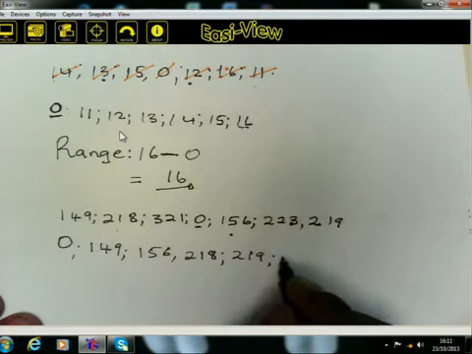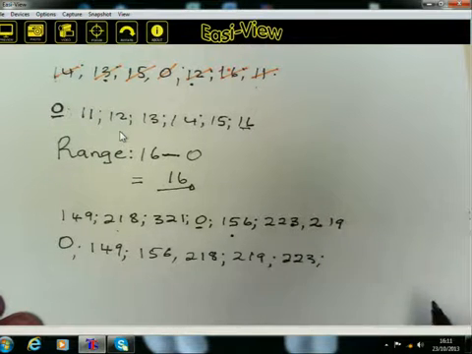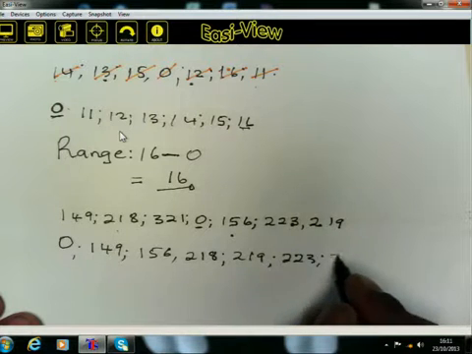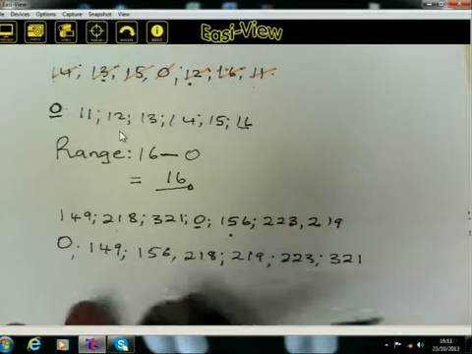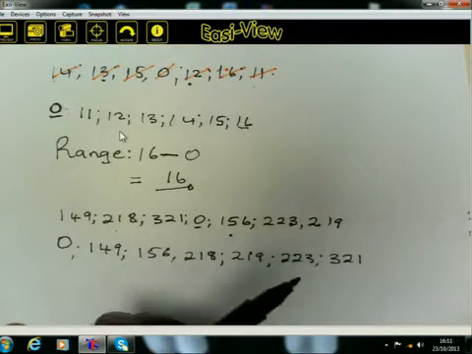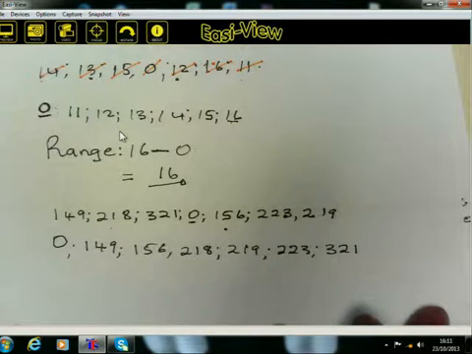You remember last time we left it out. Now we remembered it again. 223, and then the last one is 321. Remember, here we are not counting the data. We are not counting the score. We are looking for the range. What did you say about the range?